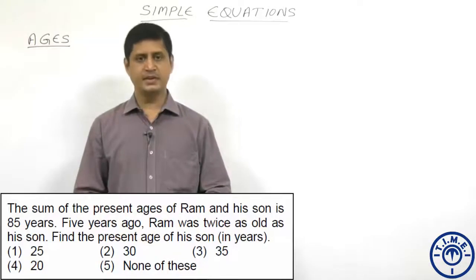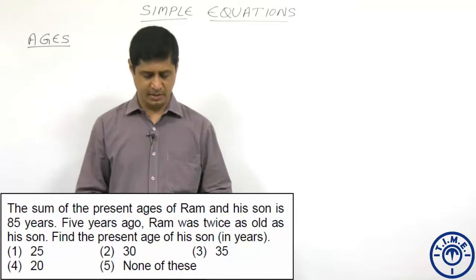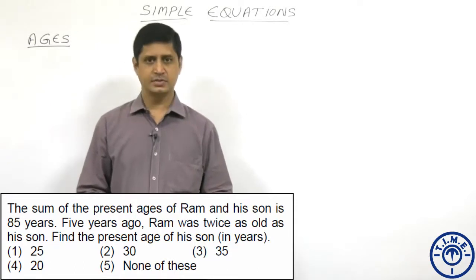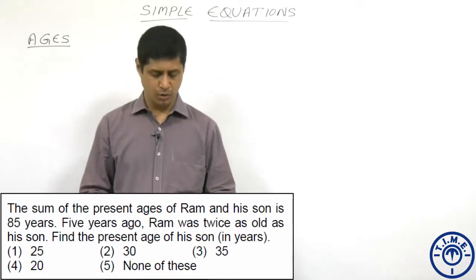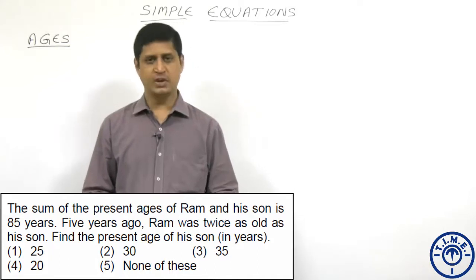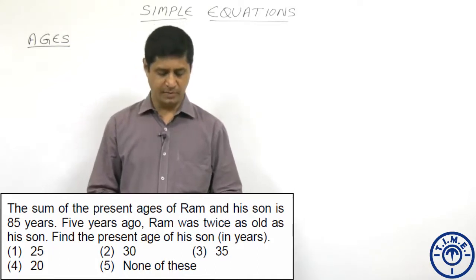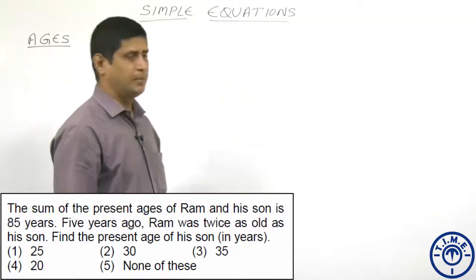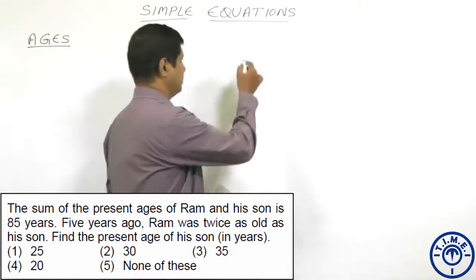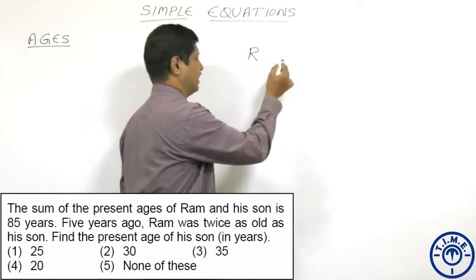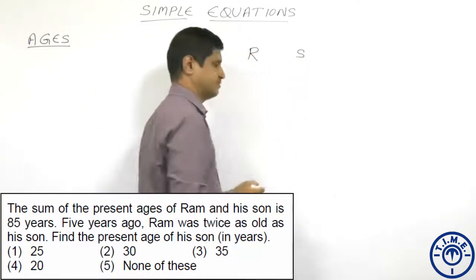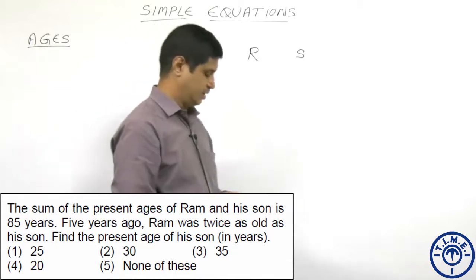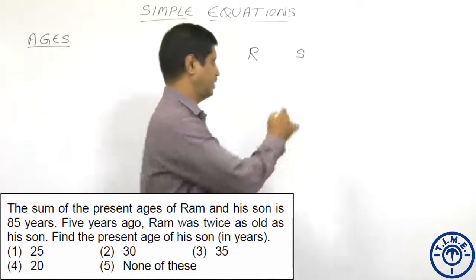The sum of the present ages of Ram and his son is 85 years. 5 years ago, Ram was twice as old as his son. Find the present age of his son in years. I am assuming Ram as R and the son as S. What to find? The age of the son, meaning the S value.